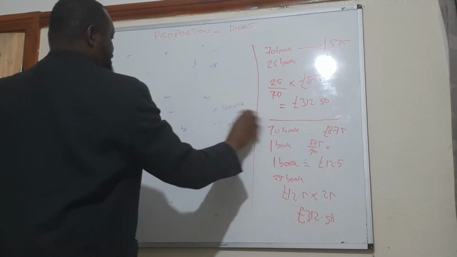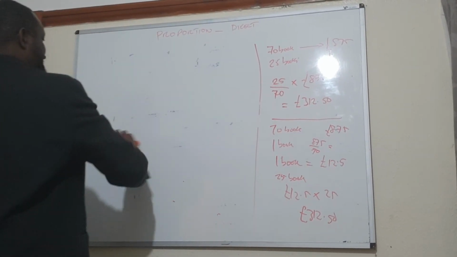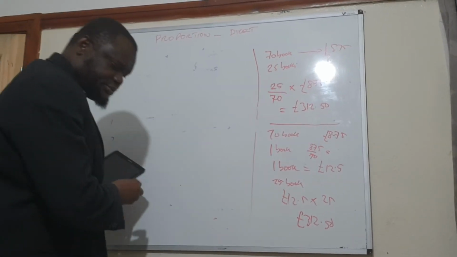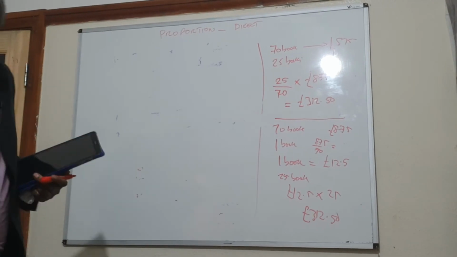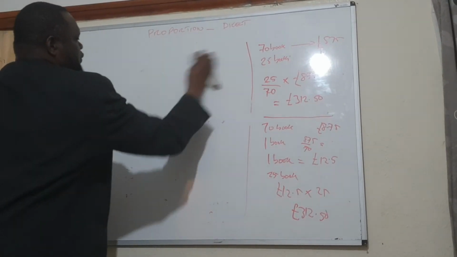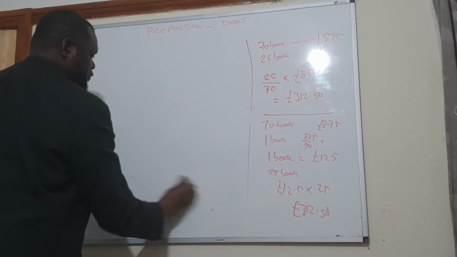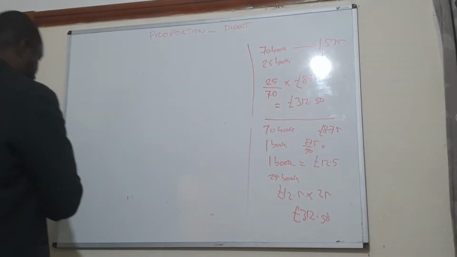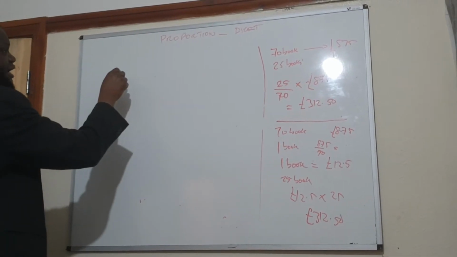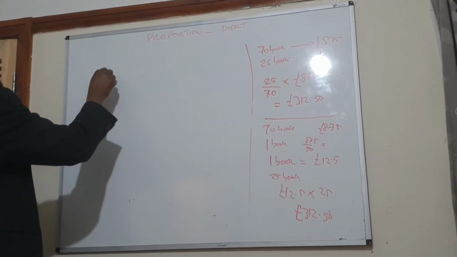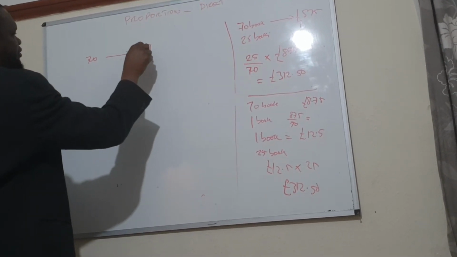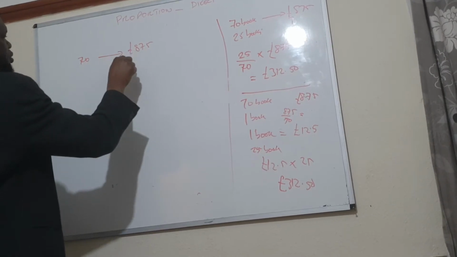Now another question here. The other one is how much 200 pounds will buy. Okay, so we can use this method. 70 books cost 875 pounds. 200 pounds will buy what?